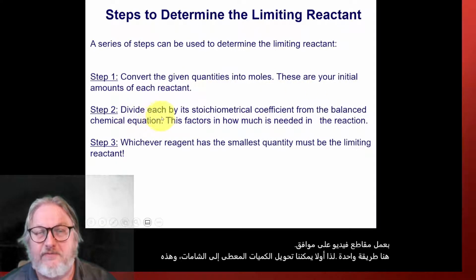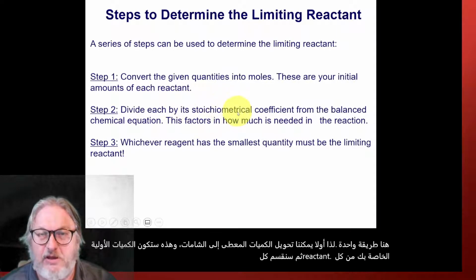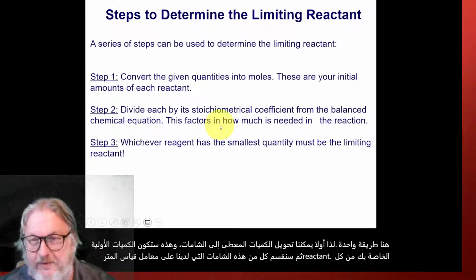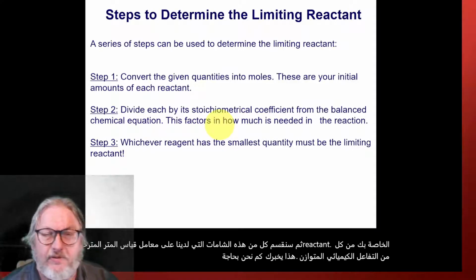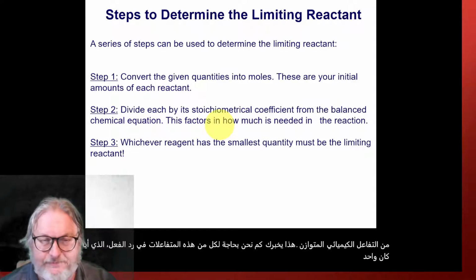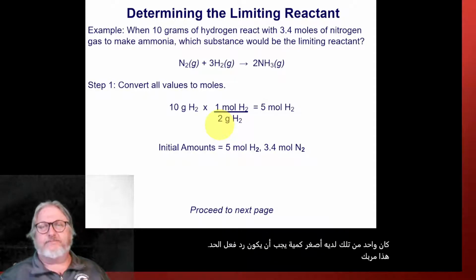Then we divide each of these moles by the stoichiometric coefficient from the balanced chemical reaction. This tells you how much we have relative to what we need for each reactant. Whichever one has the smallest quantity has got to be the limiting reactant. That's confusing. Let's do one. I don't think it'll be as bad.